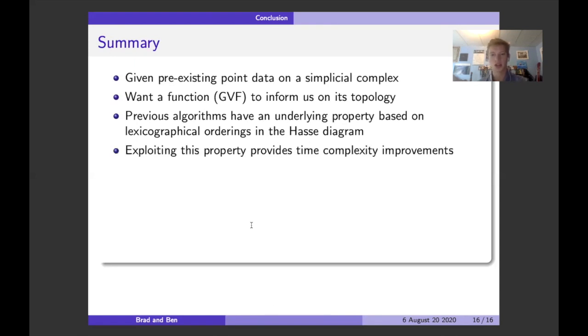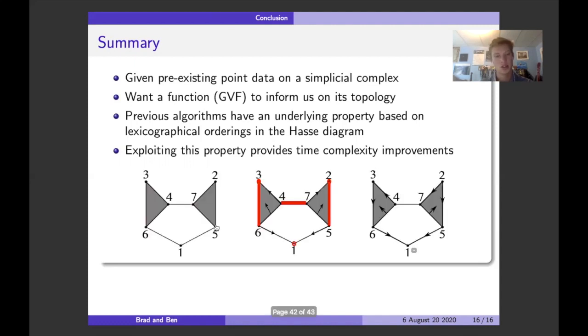And if we exploit this property in our algorithm, we get some really nice time complexity improvements in the end. So to visualize, if this is our simplicial complex, we're going for a first pass here. We're not going to get, a lot of the time, the perfect gradient vector field that we want at the very end, but we can do a really fast, good initial pass to get some idea of what a gradient vector field could be on this simplicial complex.